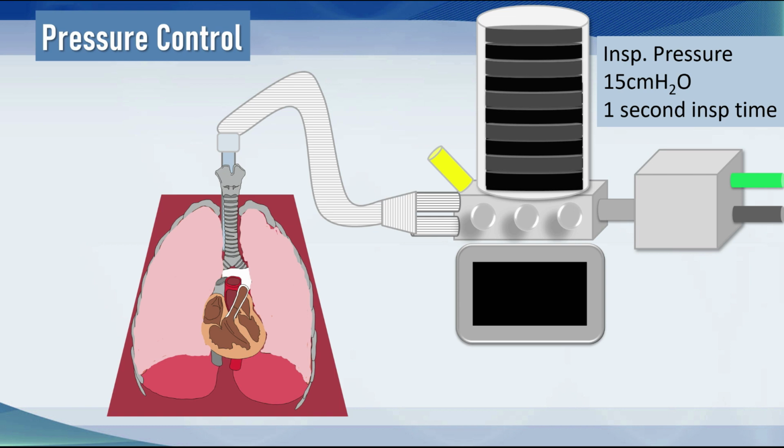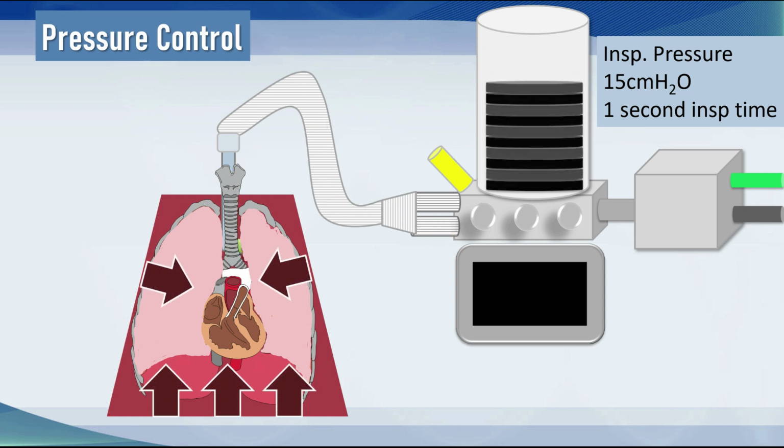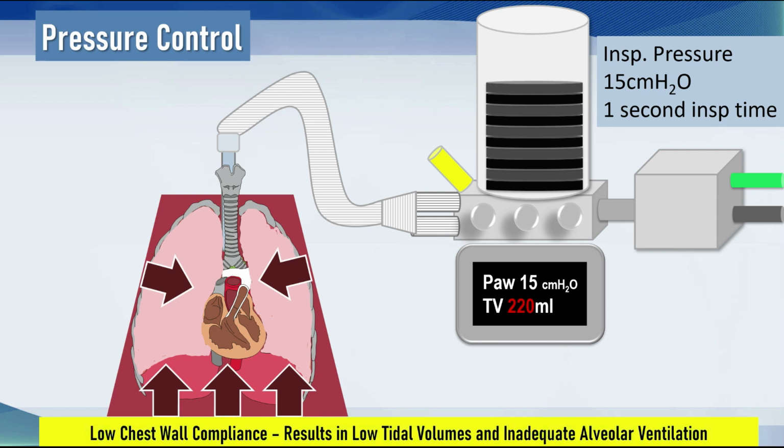The other issue to consider is loss of chest wall compliance due to problems within the thorax, pleural effusions, pneumothorax, mediastinal masses, or extrathoracic problems, in particular abdominal compartment syndrome caused by, for example, bowel edema. In this situation, all this compression results in a significant fall off in the tidal volumes. So that's low chest wall compliance.